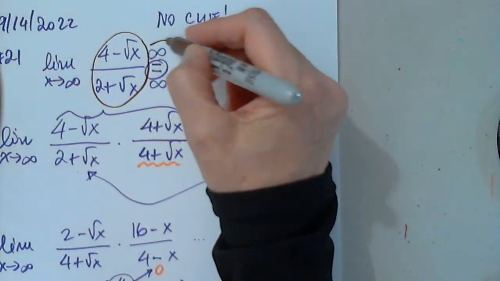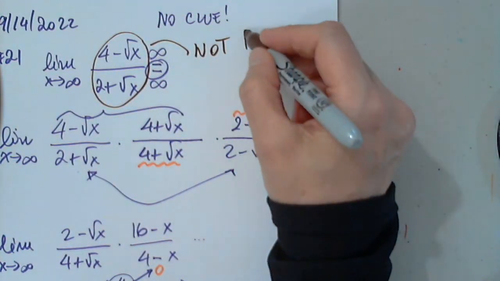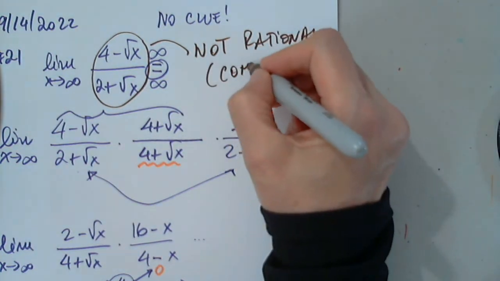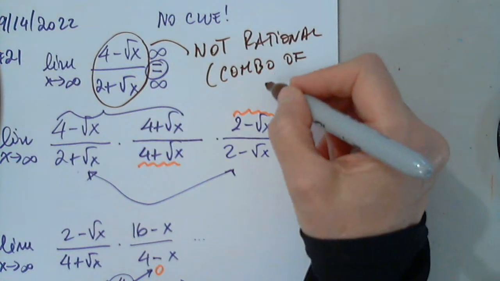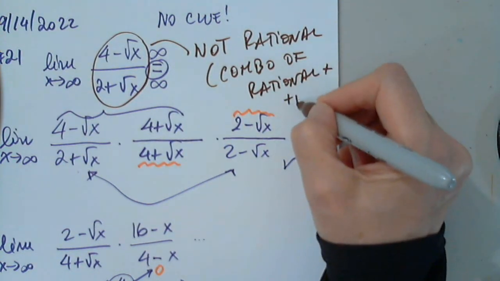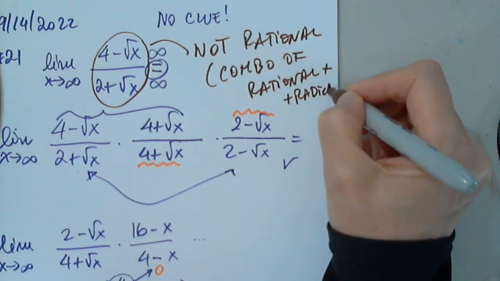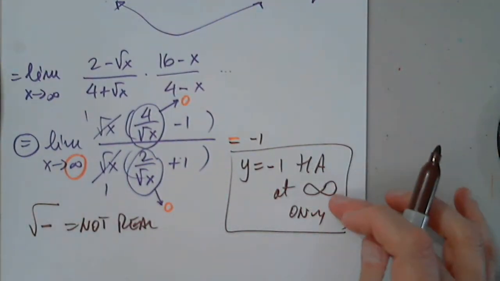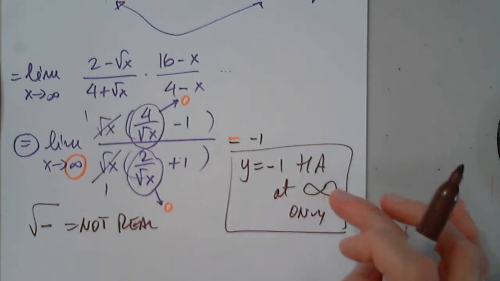This function is not rational. It's a combo of rational plus radical. So that's why we can never, ever conclude both ends.